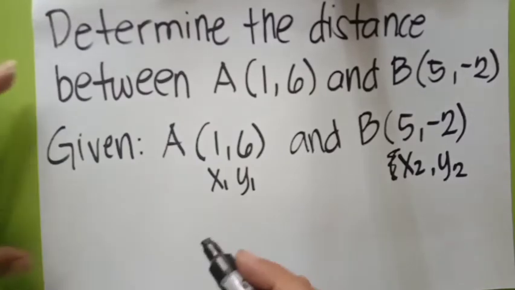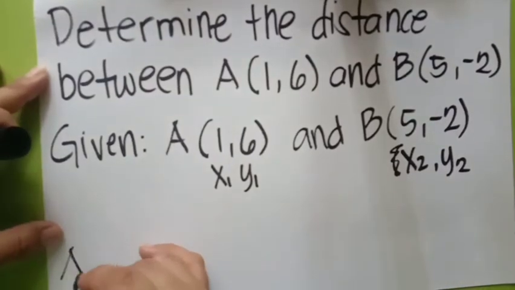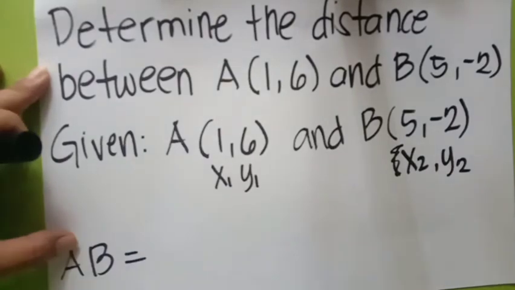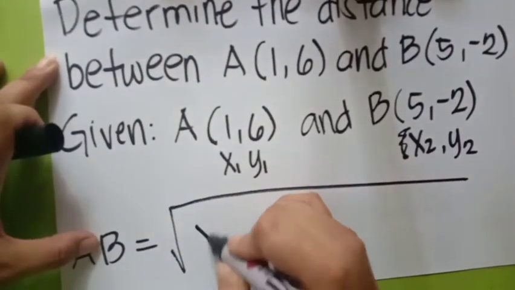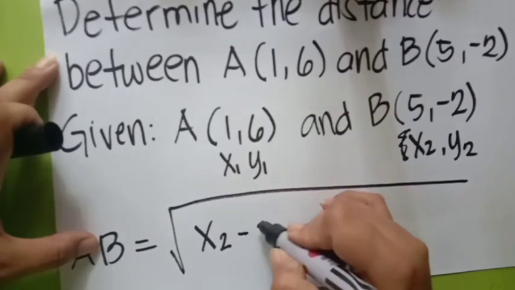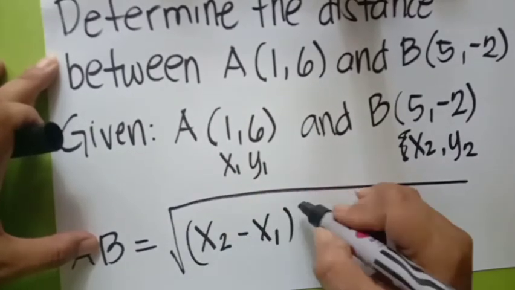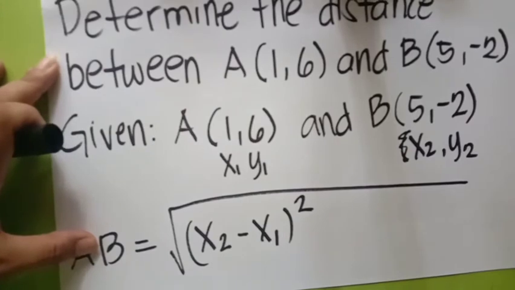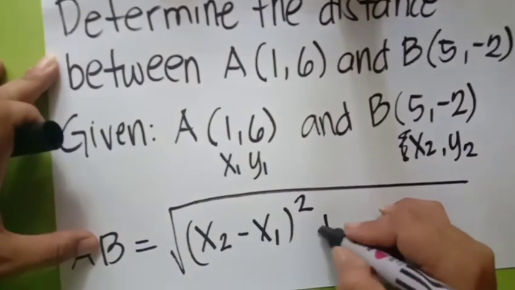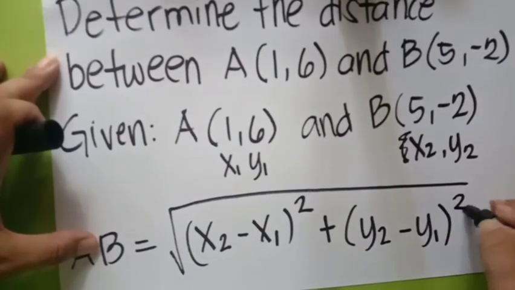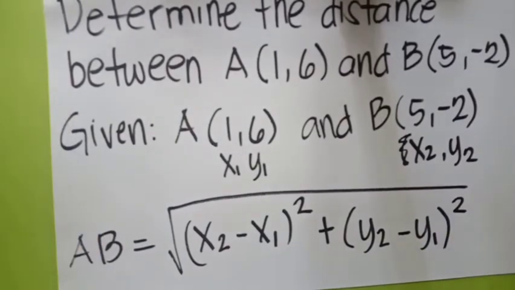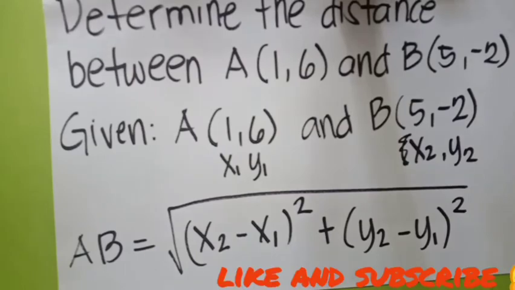Okay, so ano nga uli yung ating distance formula? So, the distance between AB is equal to the square root of (x sub 2 minus x sub 1) quantity squared plus (y sub 2 minus y sub 1) quantity squared. So, dyan natin ipa-plug in yung ating given.